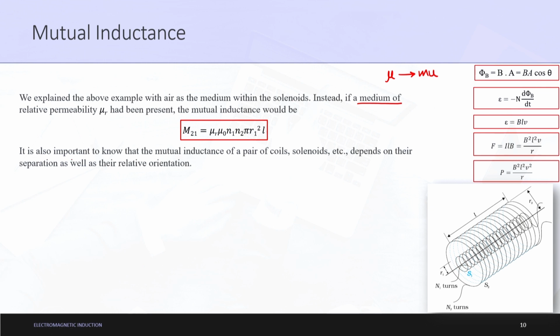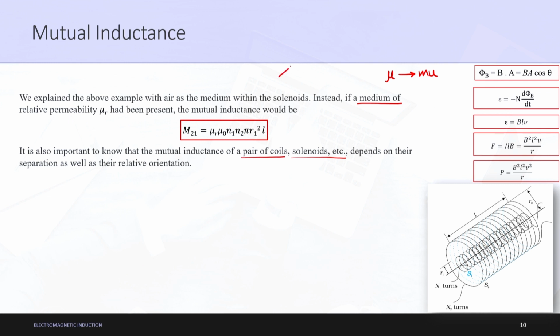Moving on, it is also important to note that the mutual inductance of a pair of coils, solenoids, etc. depends on their separation as well as their relative orientation. What does relative orientation mean here? For example, in this case we took a simple case in which both the solenoids were coaxial. Coaxial means both have the same axis, but the orientation need not be the same every time.